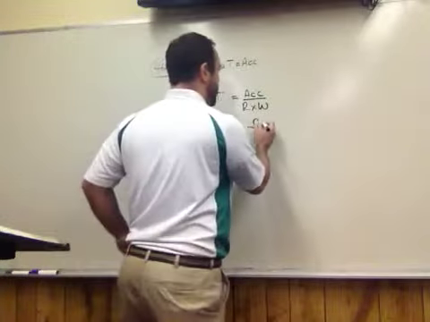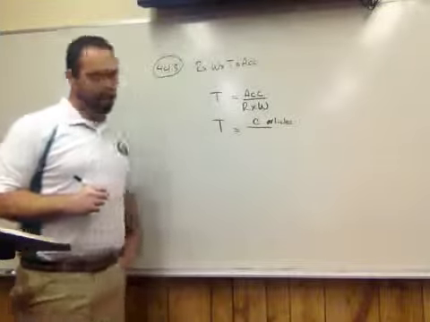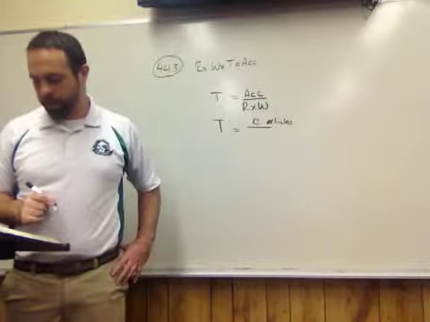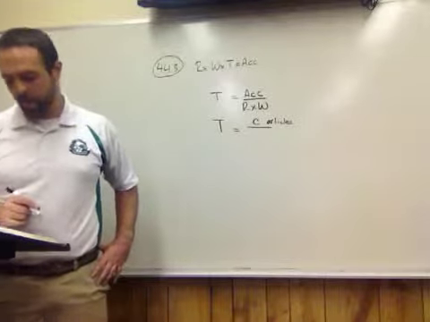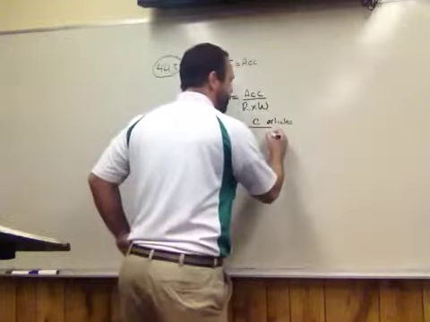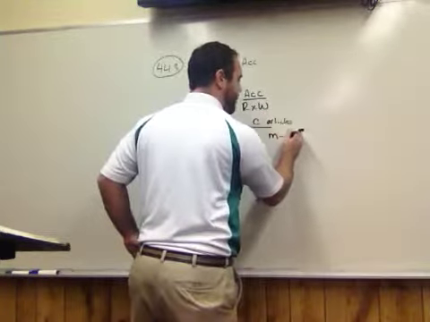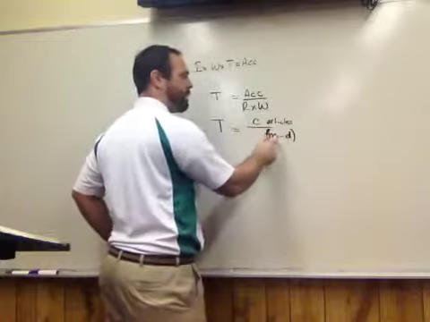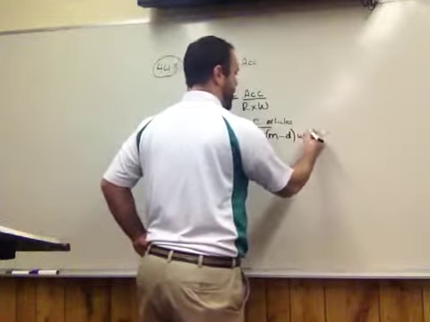Let me put C articles, because we want to make sure everything cancels out. The workers: it says that D workers quit. So I started with M workers, and if D workers quit, I now would have M minus D. If I had 7 workers and 2 quit, I would subtract to get how many workers I have now.